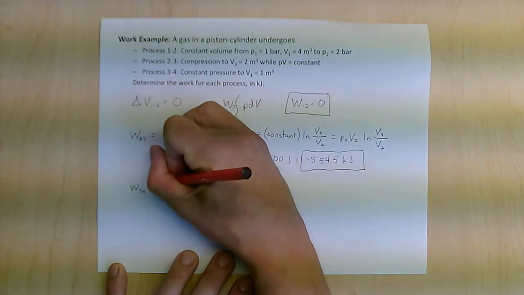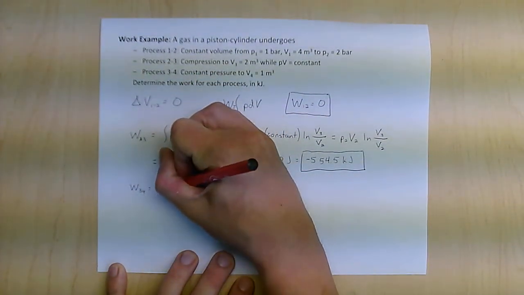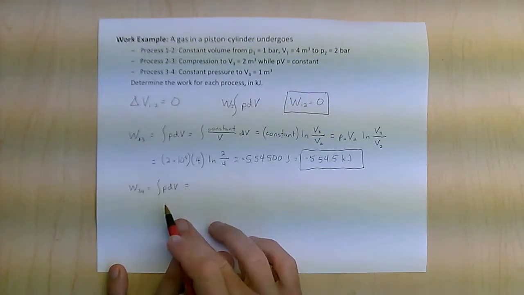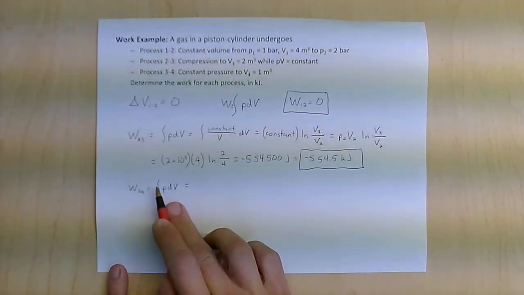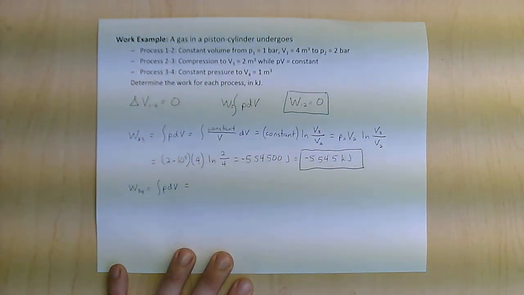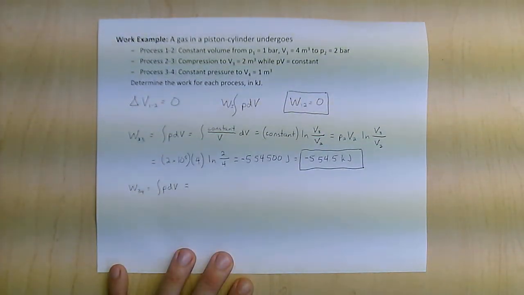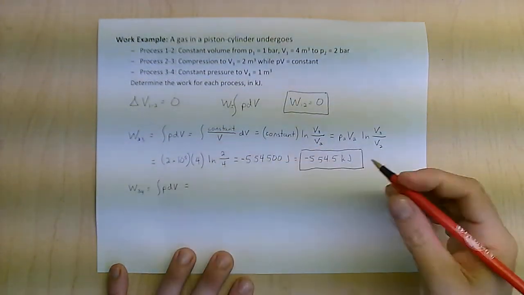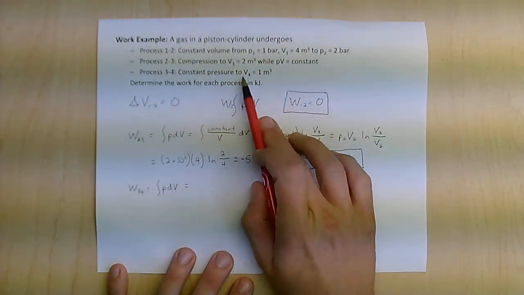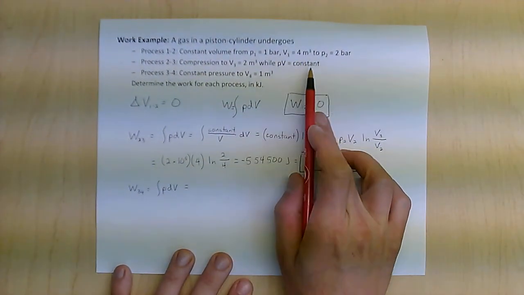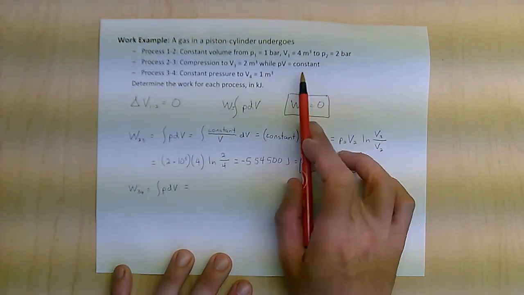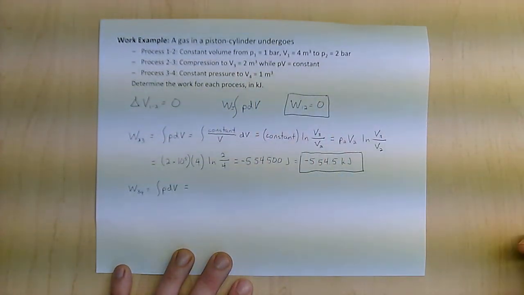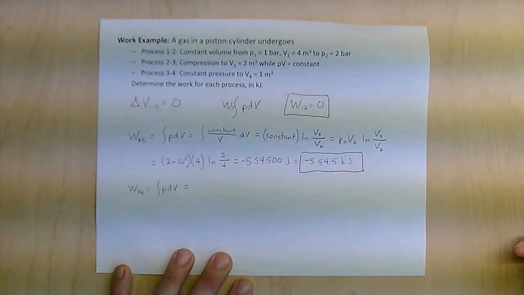Well, that's going to be, again, the integral of P dV. Now, here's the thing. Pressure is now constant. It means I can pull the pressure out in front right there. Pulling that pressure out in front, do I have that final pressure?